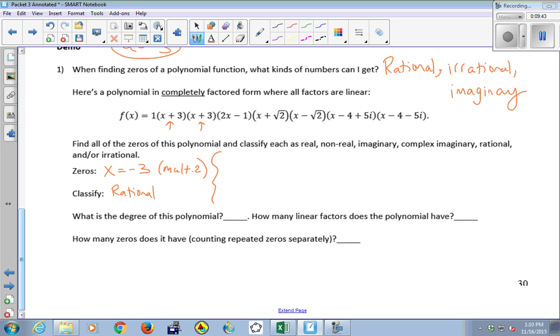Okay, my next 0, if 2x minus 1 is a factor, what is my 0? Set 2x minus 1 equal to 0 and solve it. 1/2, yeah. And what kind of number is that? It's a ratio of two whole numbers, that means it's rational.